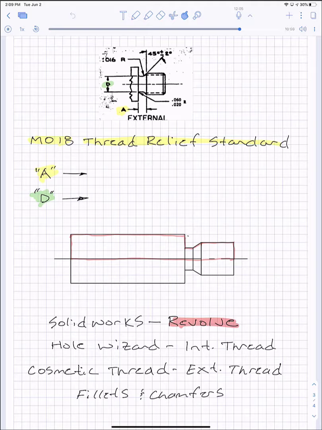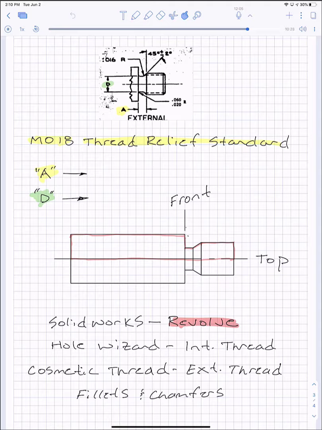While we're sitting on this, let's talk about our planes. We want to define where our planes are. I think it makes sense to define this line here, or this edge here, as the front plane, right there where this thing is going to interface with the thing it threads into. So that'll be the front plane. We'll call this the top plane, going right through the middle part.